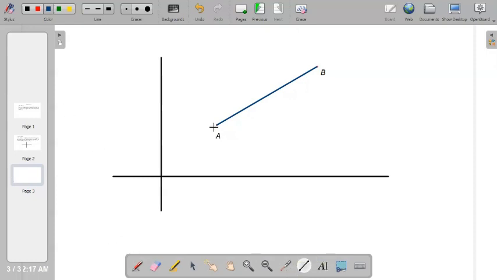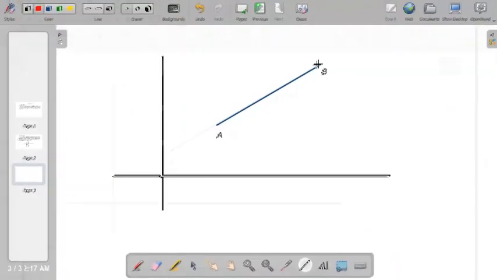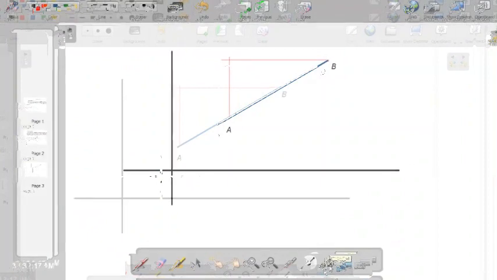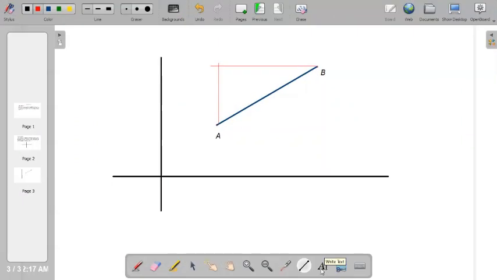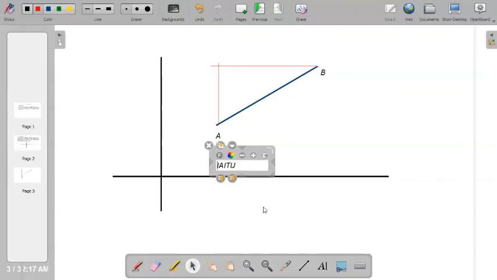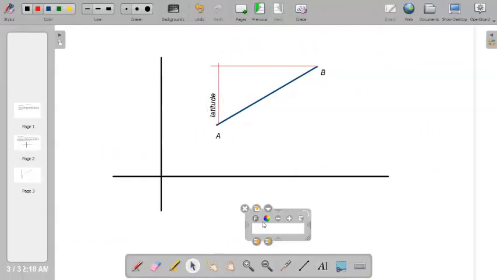So this is your latitude, and the horizontal is the departure.